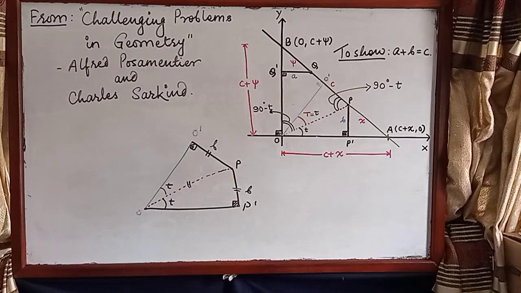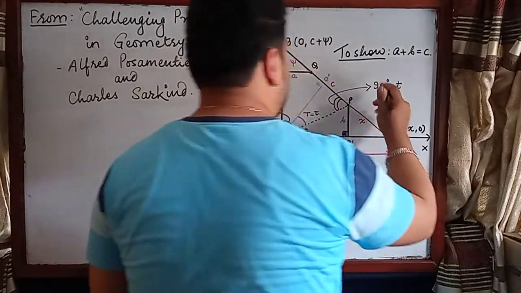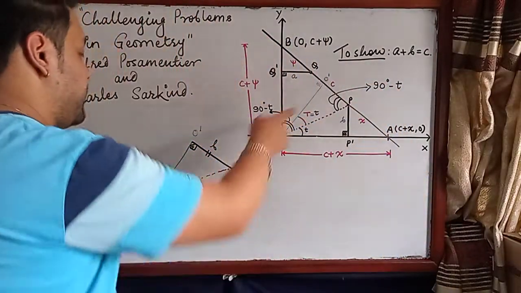So we have O dash P. Okay, let me clear this diagram a little bit.